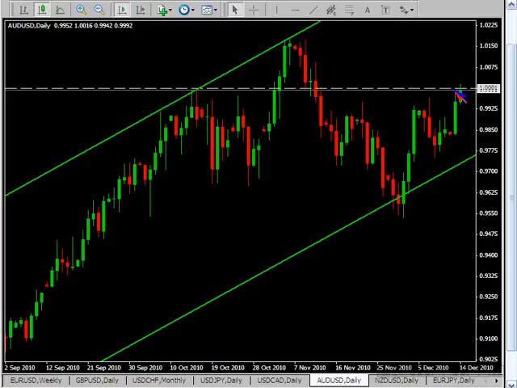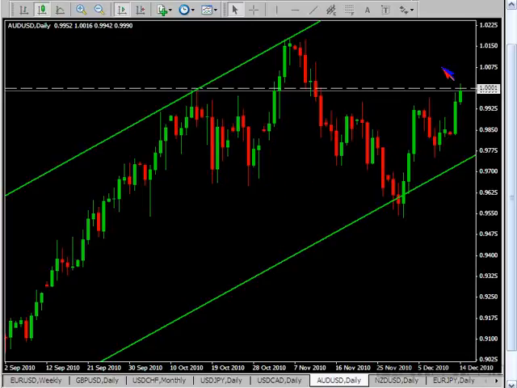Now, if we close at the end of the trading day today above parity, and we see 2 or 3 candlesticks, it's kind of tricky, because if you ask one trader, they'll say, I only want to see one daily candlestick close above this neckline. Someone else might say, I want to see 3 consecutive candlesticks close above resistance. A little bit of an art, a little bit of a science.